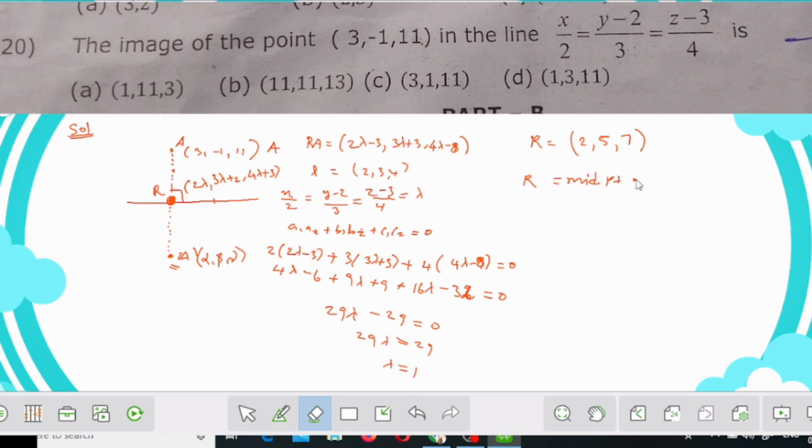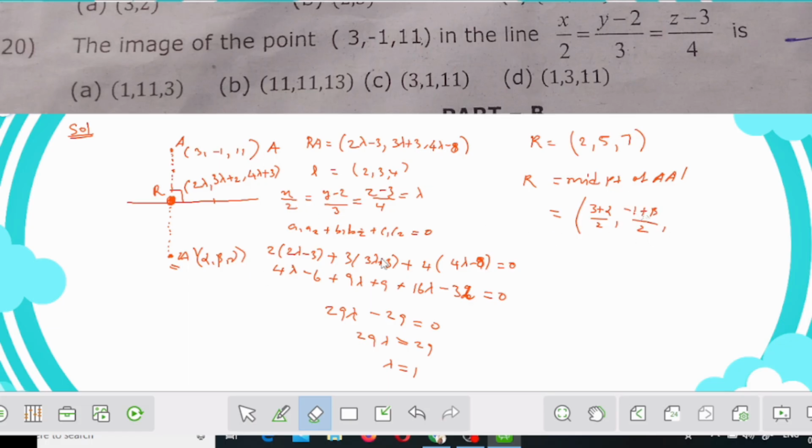To find the midpoint, you may consider this as x1 y1 z1, this as x2 y2 z2, then (x1 plus x2) by 2, (y1 plus y2) by 2, (z1 plus z2) by 2 is the midpoint. So (3 plus alpha) by 2. The second one is (minus 1 plus beta) by 2.